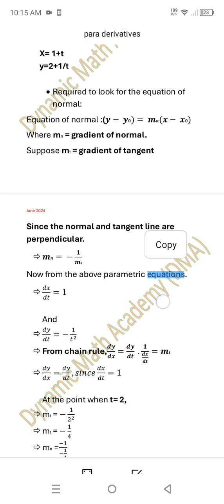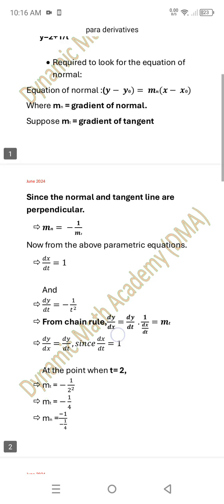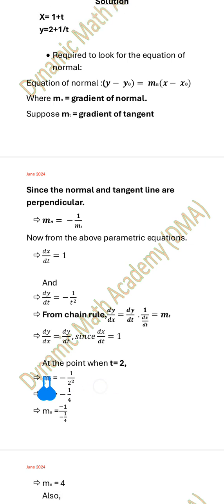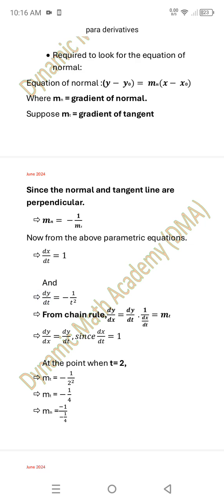Now at the point where t equals 2, when you substitute t equals 2 into mt, mt will be equal to negative 1 divided by 2 squared, because dy/dt was negative 1 divided by t squared.